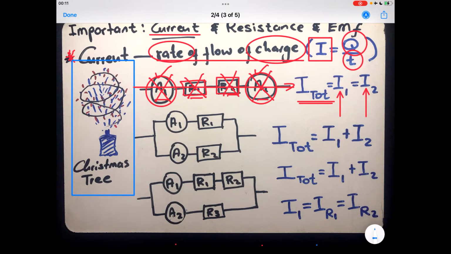So this is now the current again flowing from the left towards the right. Can you see something happens there? It now splits. Some of the current will flow through this side, and the other current will flow through that side, and when it gets to that point, it joins and then it continues.